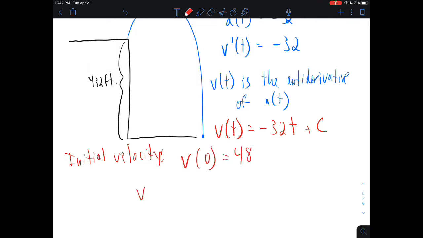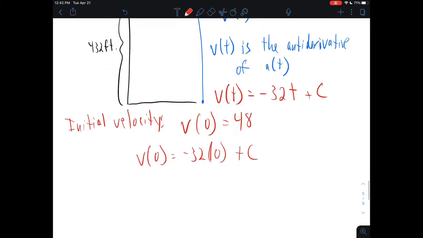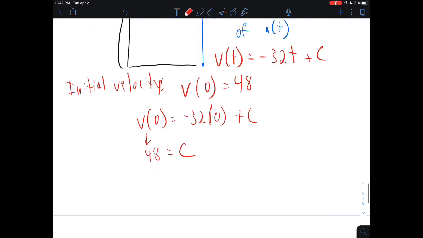So v of 0 would be negative 32 times 0 plus C. Since v of 0 is 48 and negative 32 times 0 is 0, that means that our constant is 48. So our velocity function is actually v of t equal to negative 32t plus 48.